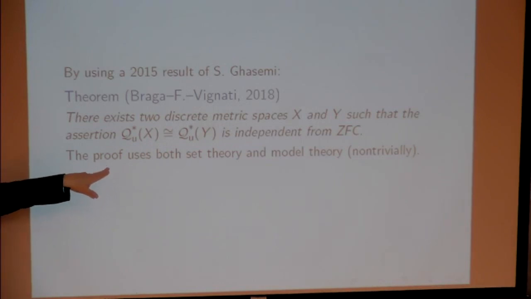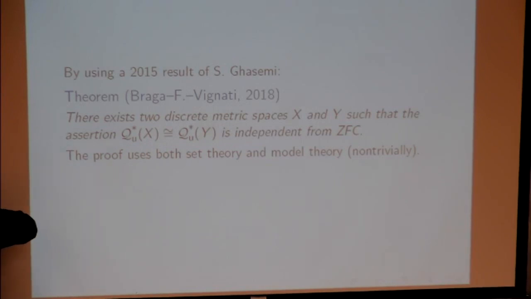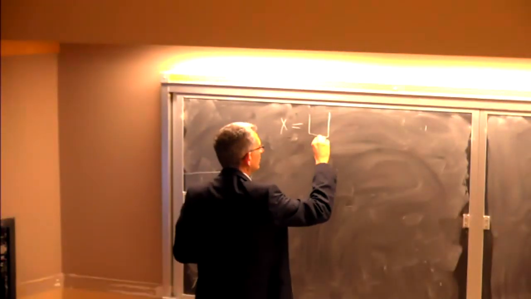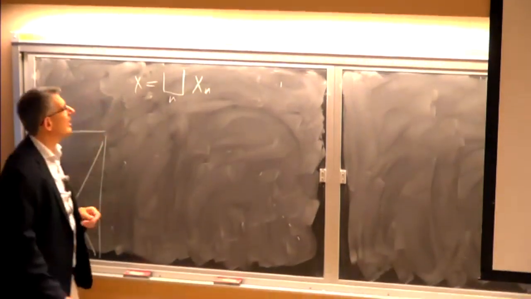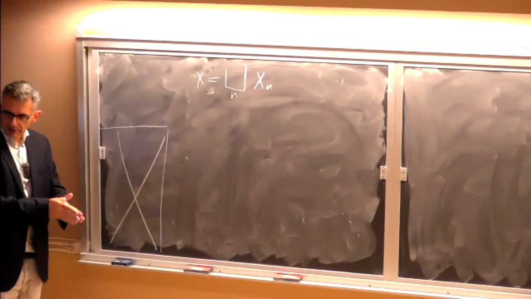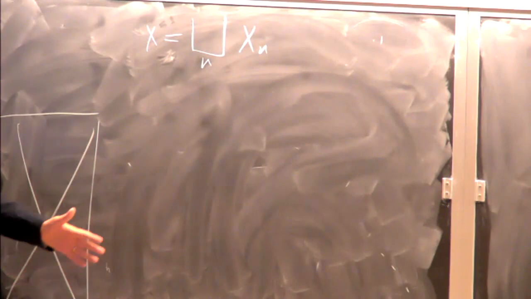Now, the proof uses both set theory and model theory, and there are two directions, and both are used non-trivially. Let me tell you what the spaces are, because it's kind of funny. They both look the same. X is just a disjoint union of spaces X_n, and again, different spaces are at very far distance.